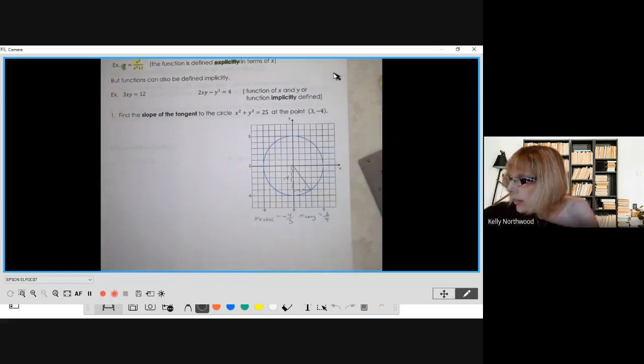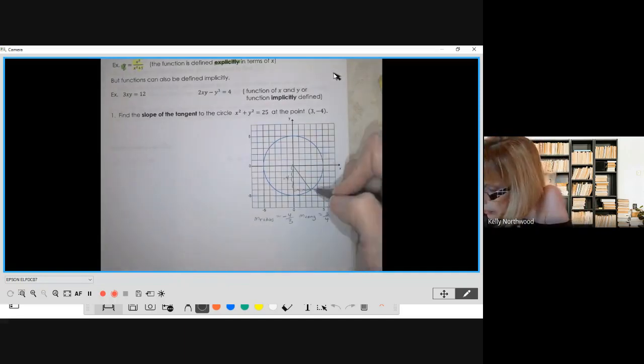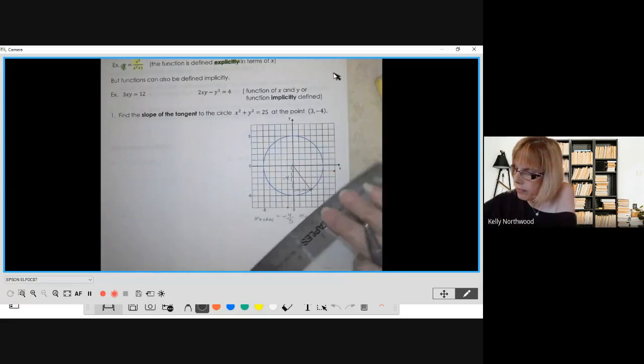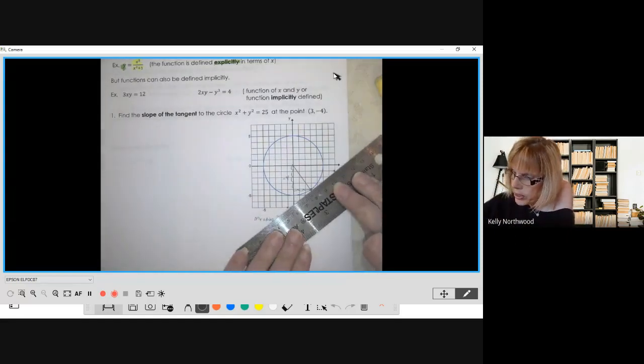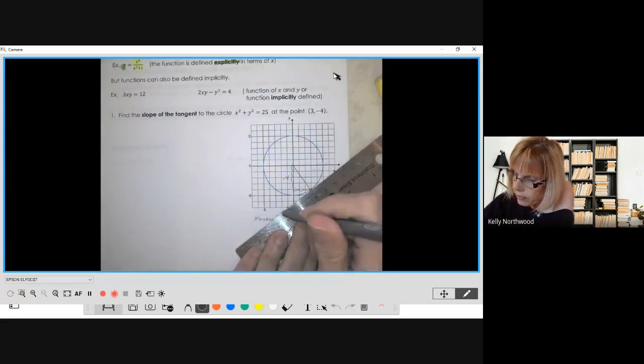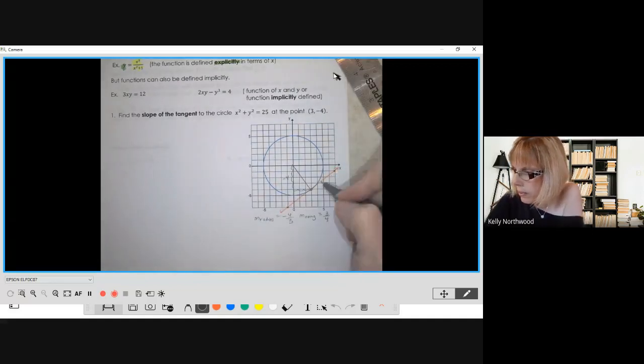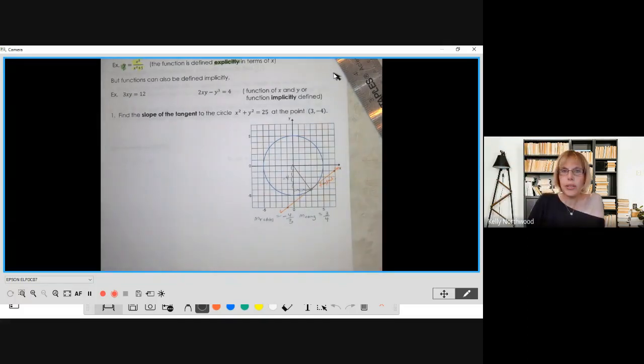So I could draw it in up 3 from this point, down 3, and this would be my tangent at that point. So that's just a property of circles, but now we're going to do it using calculus.